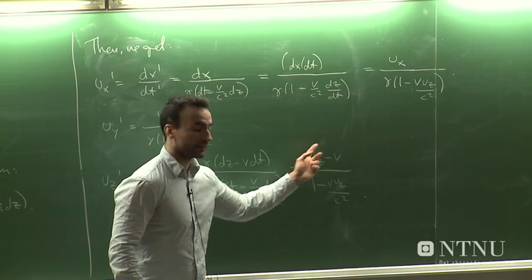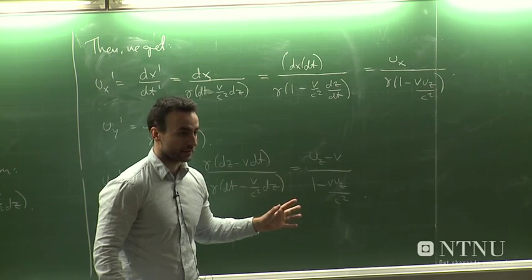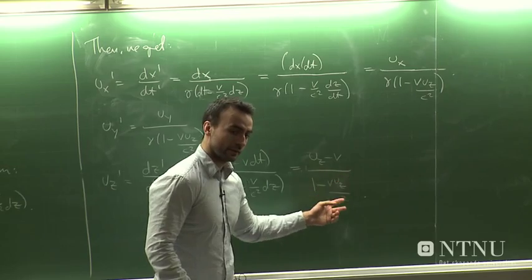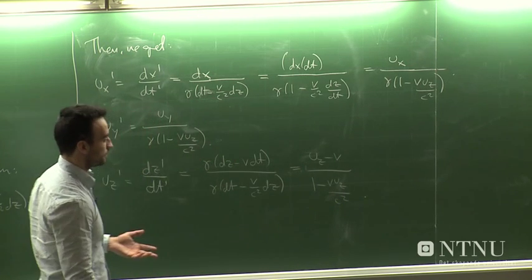Now, only this would be the Galilean result. That is just a difference. We have this additional factor here, which provides the relativistic correction.